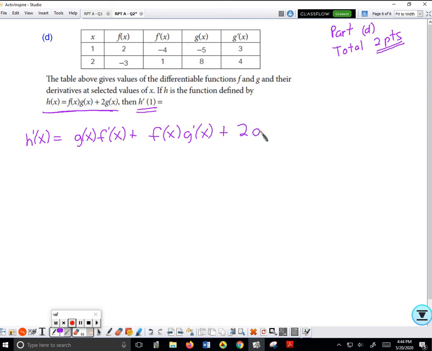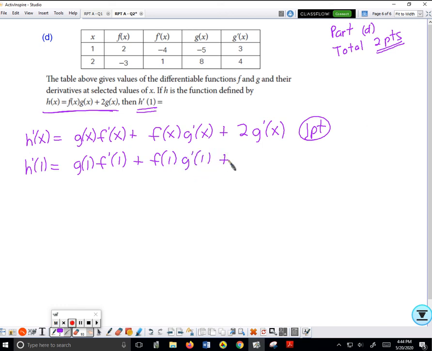The derivative of g is g prime. Now we can plug in the 1. So we have g of 1. 1 point for getting to here. G of 1 times f prime of 1 plus f of 1 multiplied by g prime of 1 plus 2 times g prime of 1.